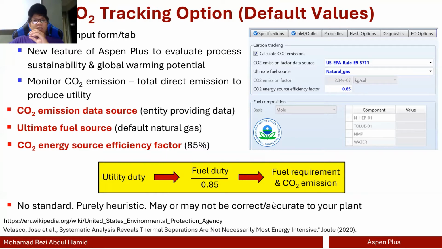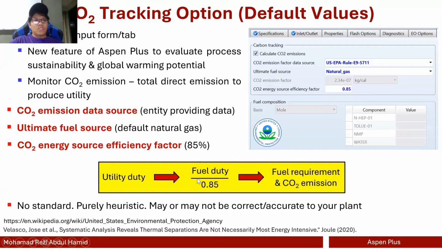Now, if you specify 0.85, meaning that utility duty is equal to fuel duty divided by 0.85, because in most processes you cannot have 100% efficiency, a boiler for example.